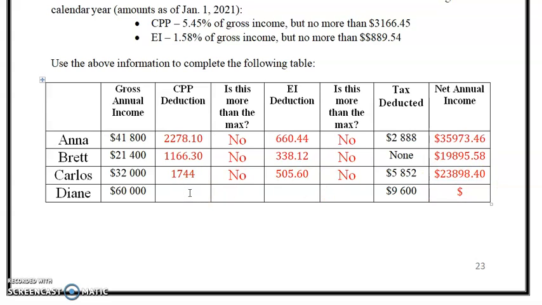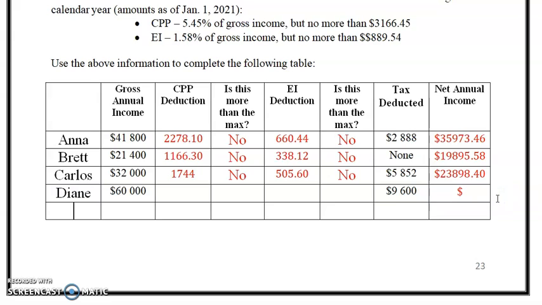Now let's get to the one I really want to look at, Diane's. So we look here, it's 60,000 multiplied by 0.0545, and we get CPP deducted, which is 3270, and that's too much. All right? So I'm going to make another column here for Diane.